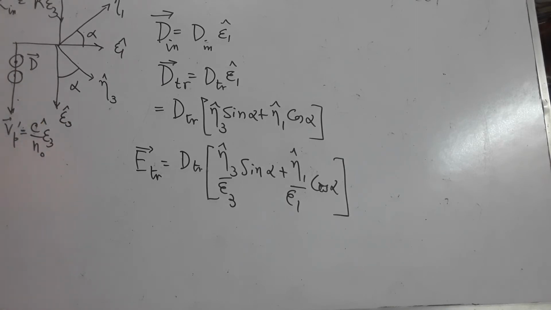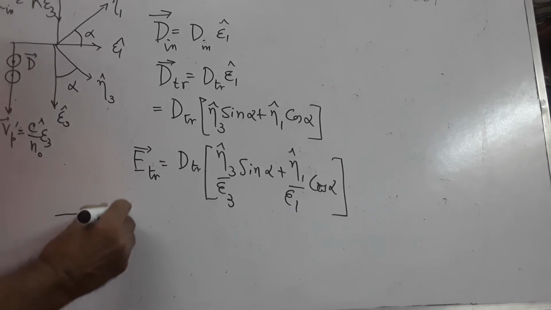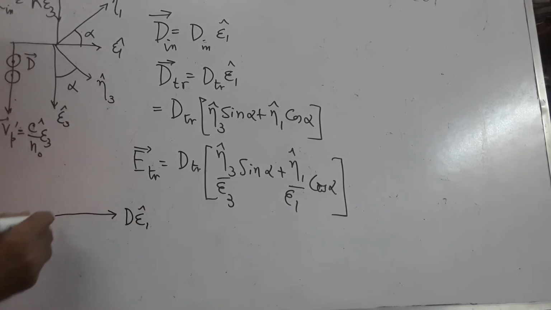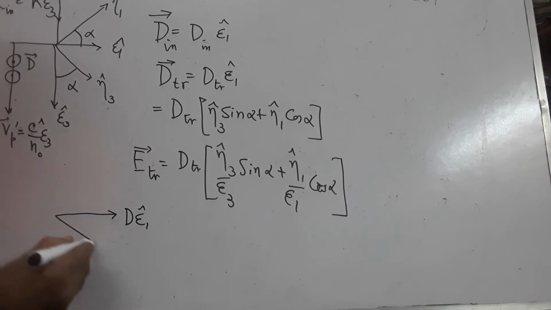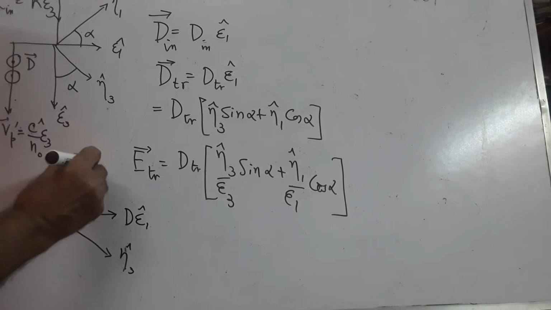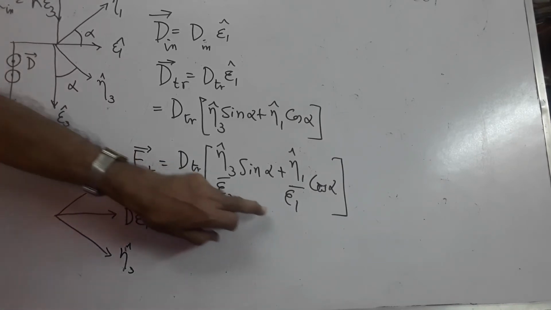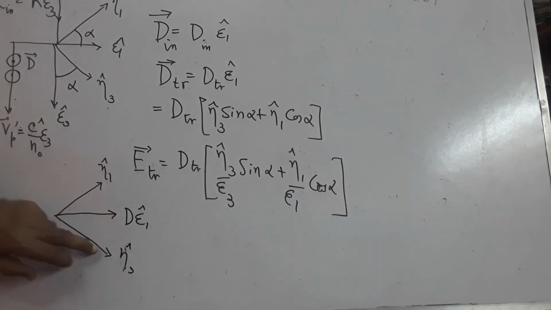So now let's try to draw D. Let me draw it here. My D is along epsilon 1. If I want to draw E, this is my eta 1, eta 3, and this is my eta 1. Notice that epsilon 3 I have assumed to be greater than epsilon 1, so the component along epsilon 3 is contracted more than what is done here.